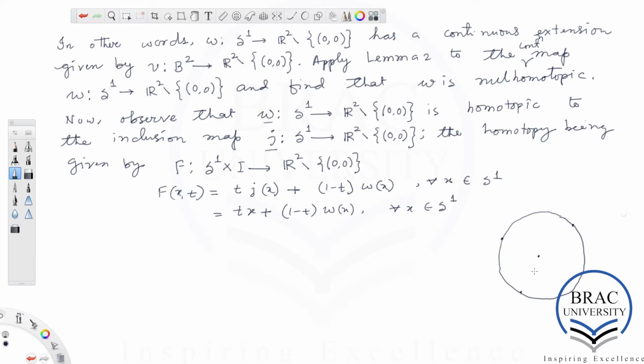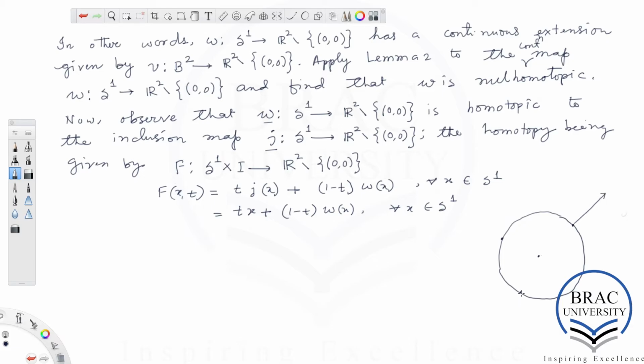Okay, so now see that the inclusion map should point in the direction of the outward normal, right? So if this is the center, the outward normal is in this direction.